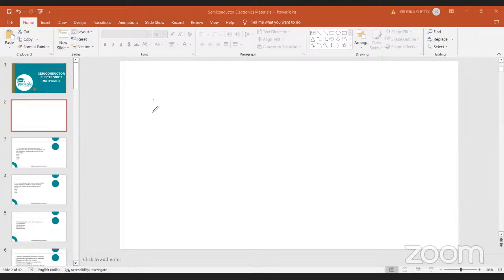So this is a 2018 question. The density of an electron hole pair for pure germanium is given as 3 into 10 to the power 16 per meter cube at room temperature. On doping with aluminium, the hole density increases to 4.5 into 10 to the power 22 per meter cube.